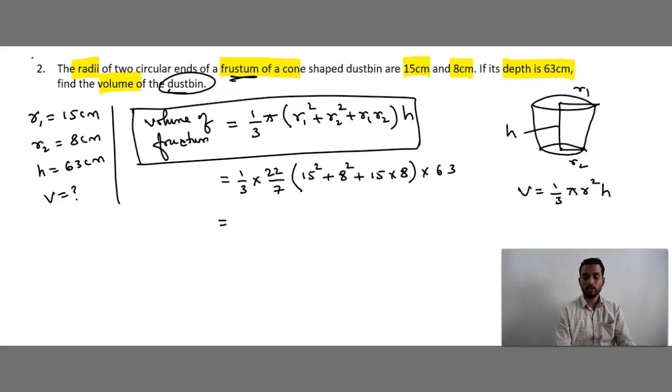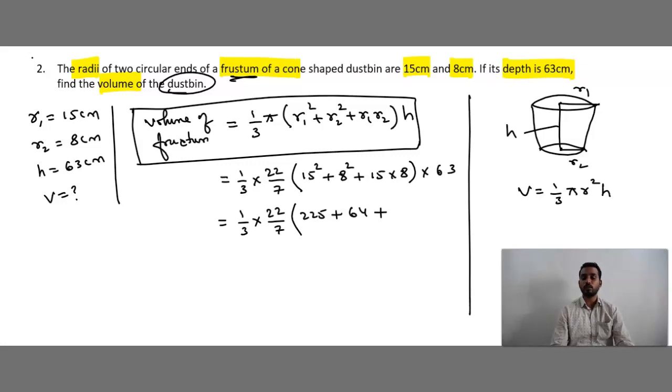Are any terms getting cancelled? No, it is not getting cancelled. So keep it as it is, into R1 square, 15 square, 15 15s are 225, 8 square 64, plus, if you don't know the table, you can put a working column here and do the working.